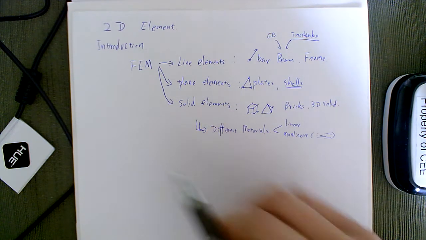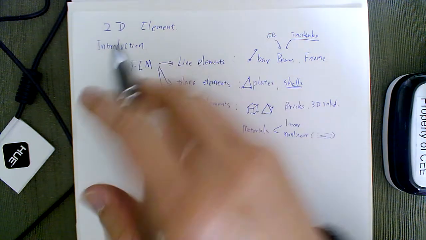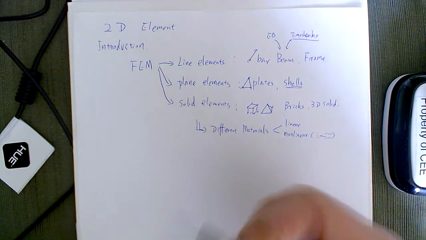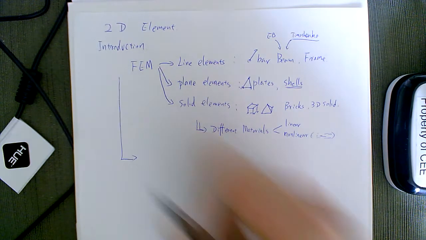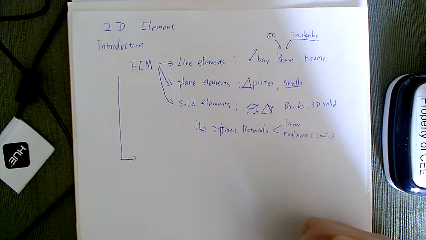But with that aside, let's talk about a 2D element just as an example for now. So if you really follow the introduction, why are we doing this?